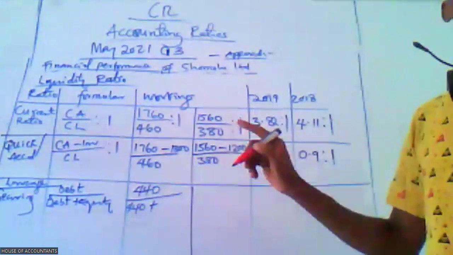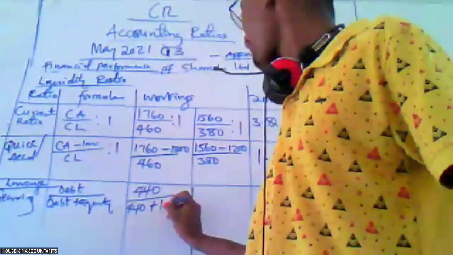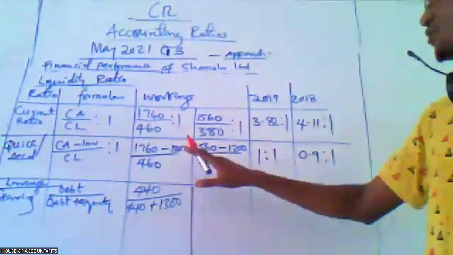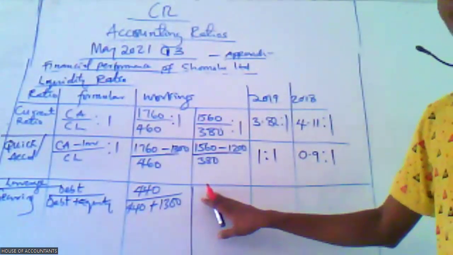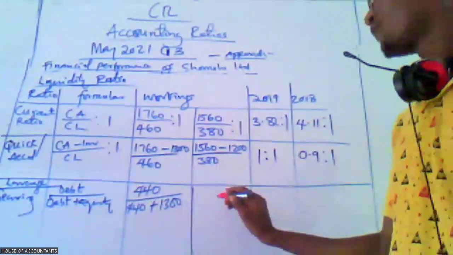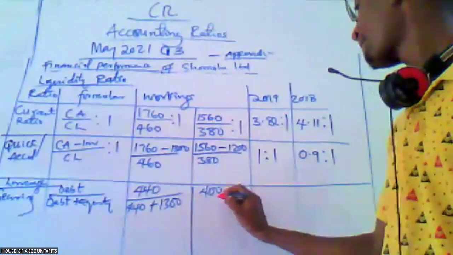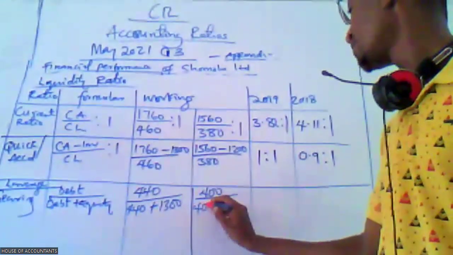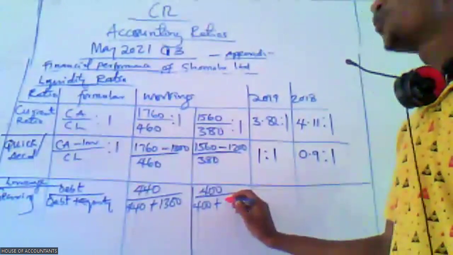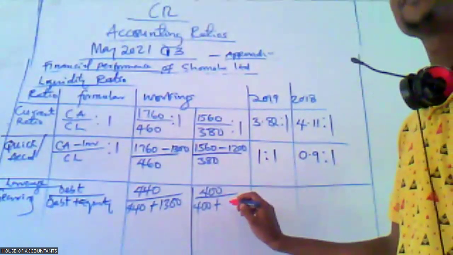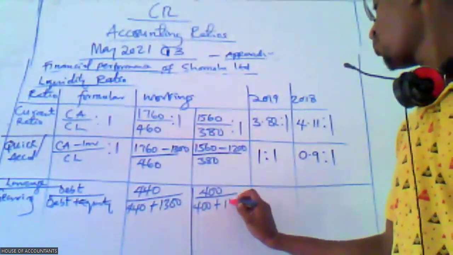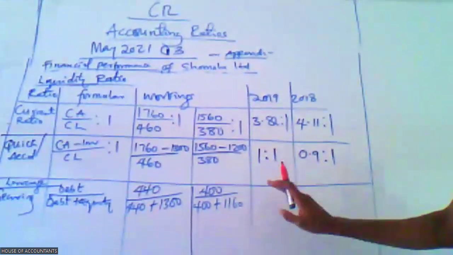Our equity should be 133. So that is for 2019. Then for 2018, 400 is our debts, 400 plus our equity, 1160. So what do we get for this?